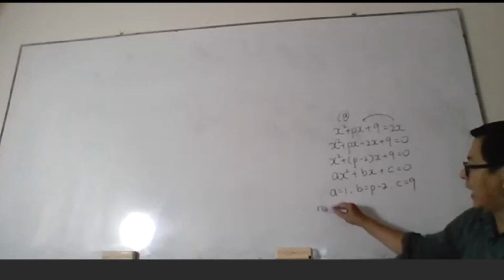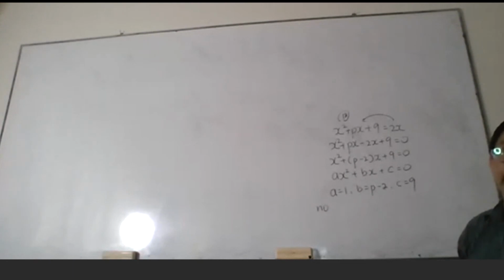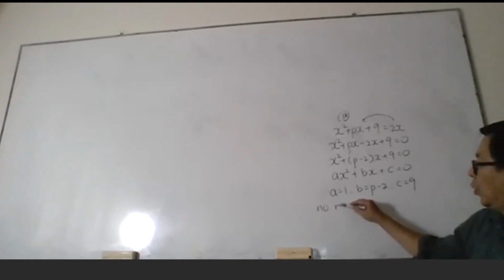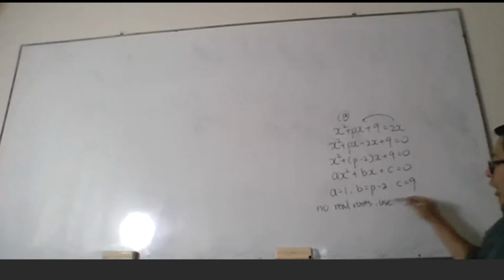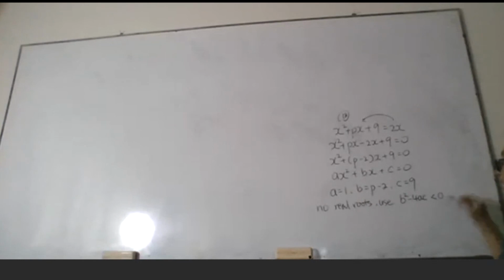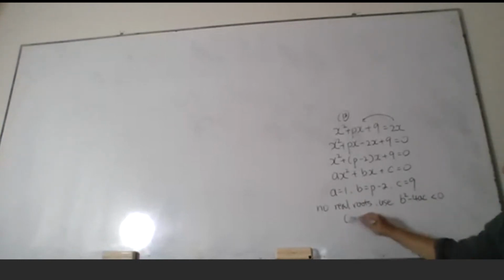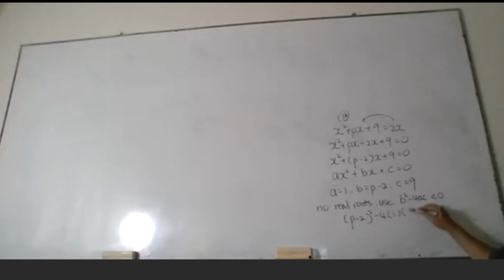And the question says that the quadratic equation has no real roots. So I am going to use b squared minus 4ac less than 0. I will put in (p minus 2) squared minus 4ac.